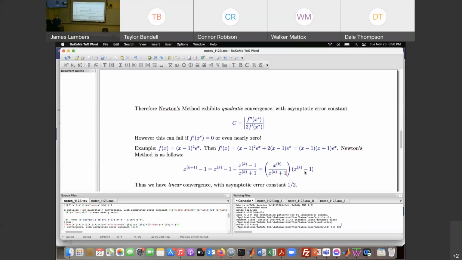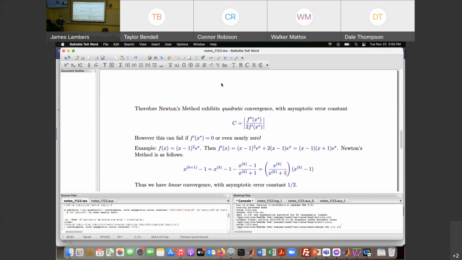We haven't seen many methods for root finding. Or anyone can suggest an answer in the chat. So anyone else just paying attention? Yes? Could you repeat the question?